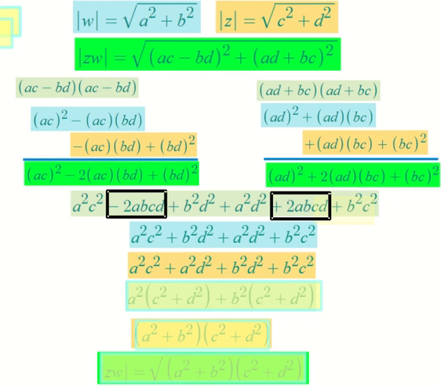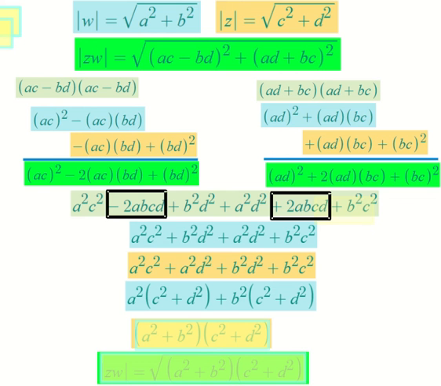And what that allows me to do is factor out the a squared. When I factor out the a squared, I'm not getting rid of it. I'm putting it outside the parentheses, right? I'm left with c squared plus d squared. And interestingly enough, on this side, when I factor out the b squared, I'm left with the same exact thing, c squared plus d squared.